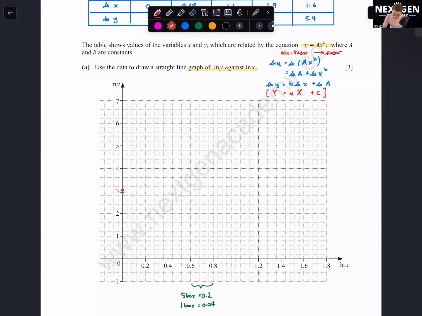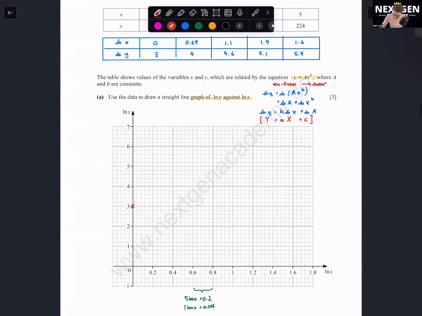All right. Now 0.69. So 0.69 is 68, it's slightly a bit more. 69 will be around here. Next one, 1.1. Where's 1.1? That will be in the middle. 4.6.